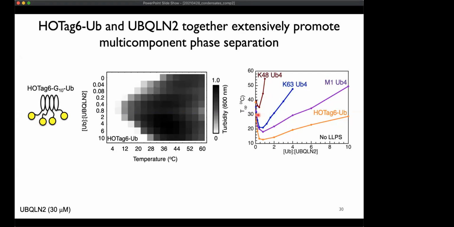So the first question I had was related to this idea of droplet size, and I was wondering if the mesh size or the pore size of the droplets is larger in the extended ubiquitin chain droplets, because that might be one reason why the droplets look bigger, just because there's more space between the molecules.